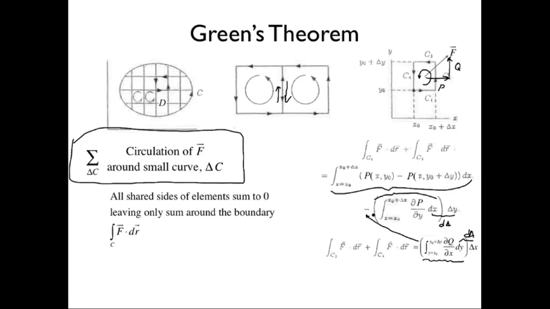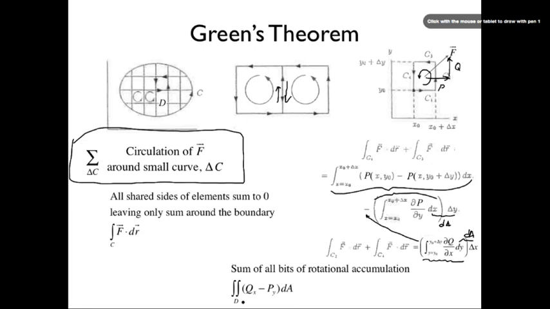And by subtracting, it's like we're accumulating up all that curling change, or twisting rate of change. So it's like summing up all the bits of rotational accumulation. And so that gives us this thing. Qx is how much we get from vertical, and Py is how much twisting we get from horizontal. And so then we're going to sum all those up over D, and we get that.